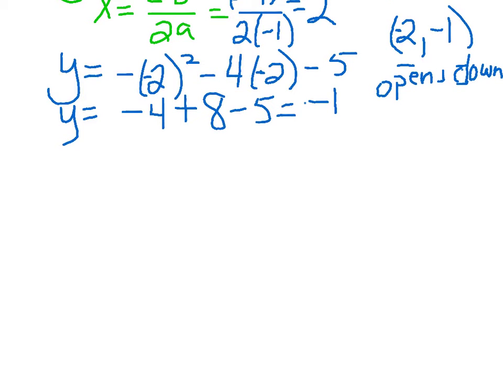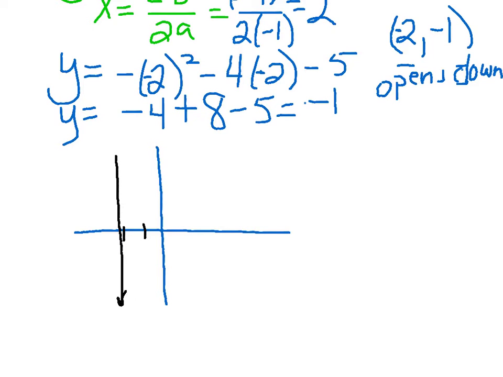And then let's go ahead and graph this. So here's my line of symmetry at -2. My vertex at -2, -1. It opens down.